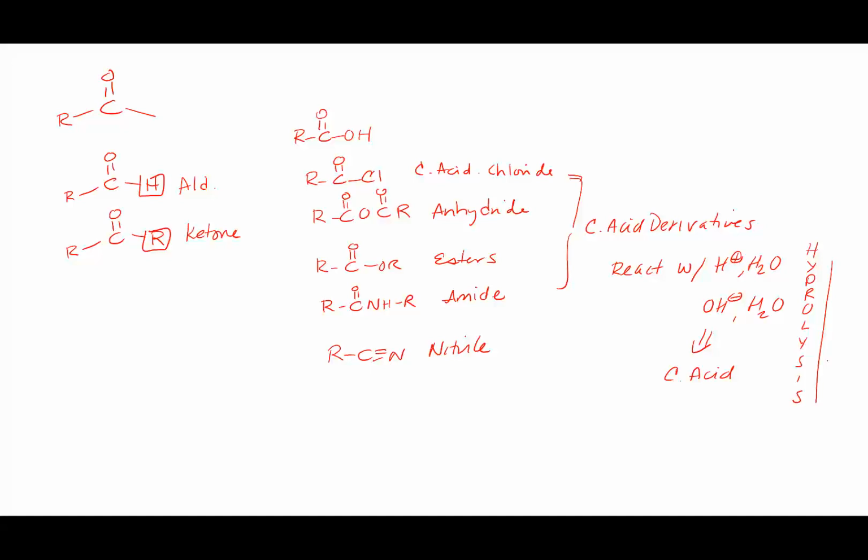The reason that these groups are organized this way is that it's based totally on the leaving group ability of the group attached to the carbonyl. On one side we'll have an alkyl group, and then on the other side we'll have what I call the Y group.